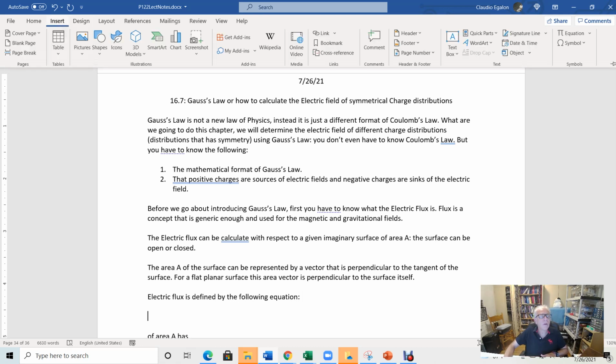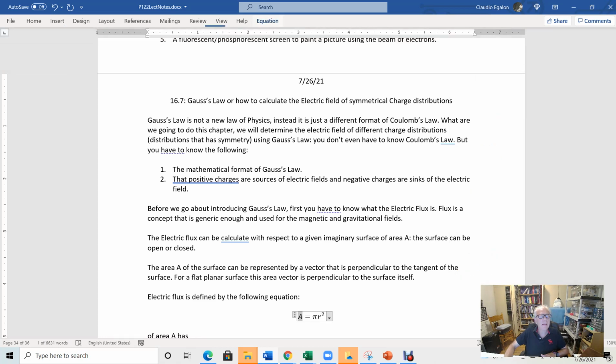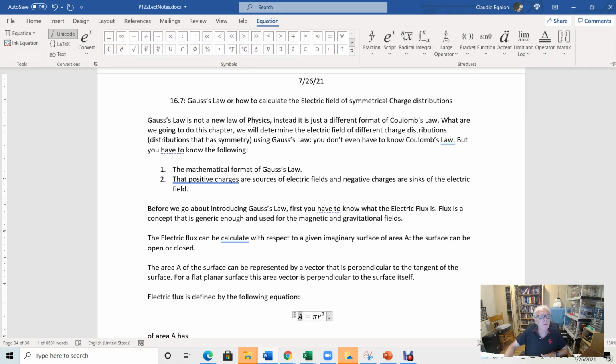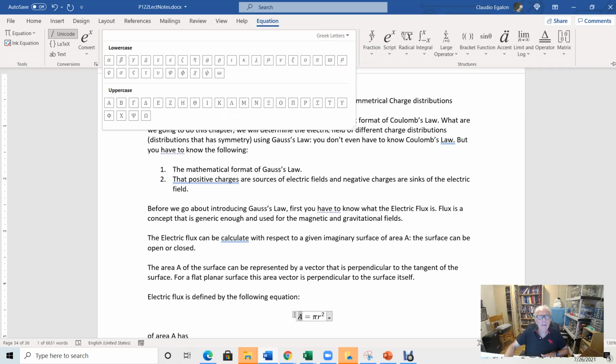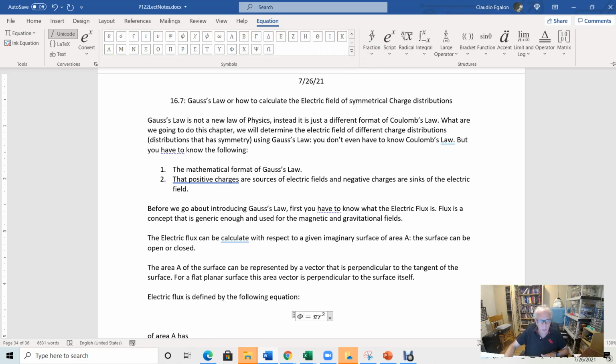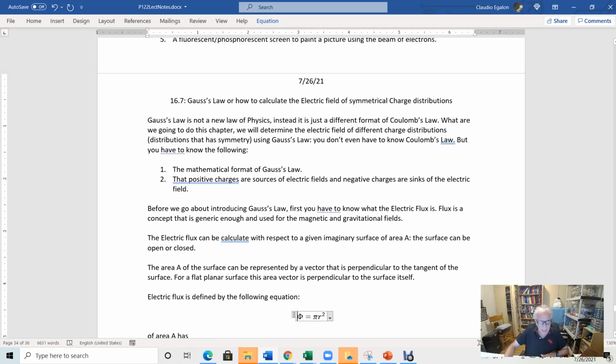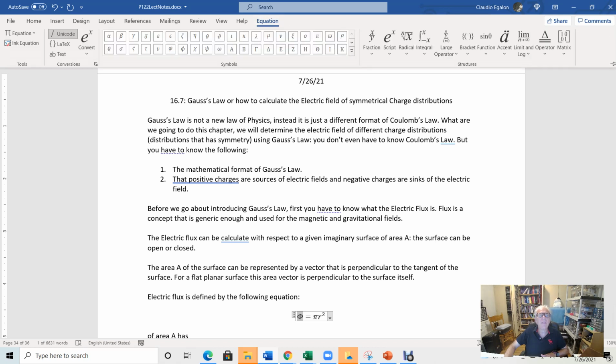The flux is usually represented by the capital Greek letter phi, and we put a subscript E to remind you that it is the electric flux.